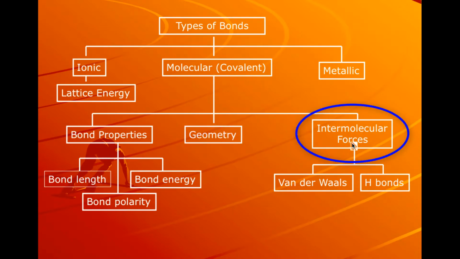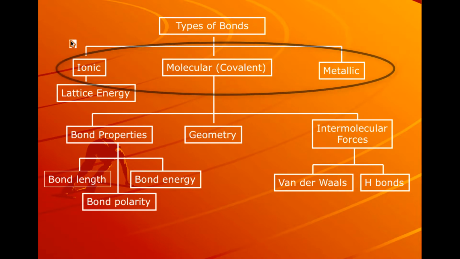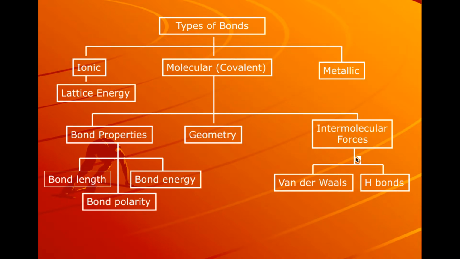In other words, what are the forces that hold molecules together? These bonds up here are all the types of bonds that occur intramolecular, meaning within a molecule. Intermolecular forces are ones that occur between two molecules. Y'all need to make sure you look up lattice energy so you have some idea what lattice energy is. That should be a definition that you guys look up.